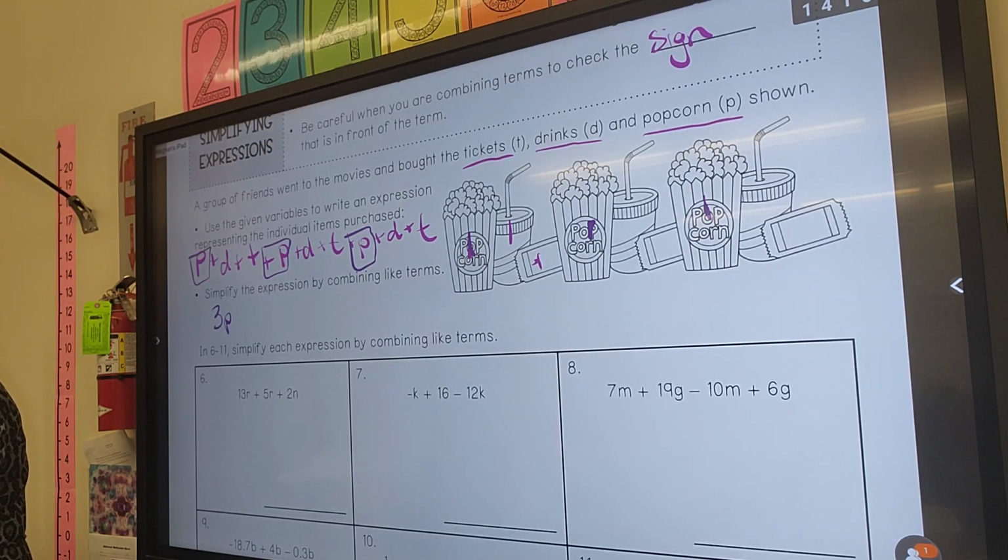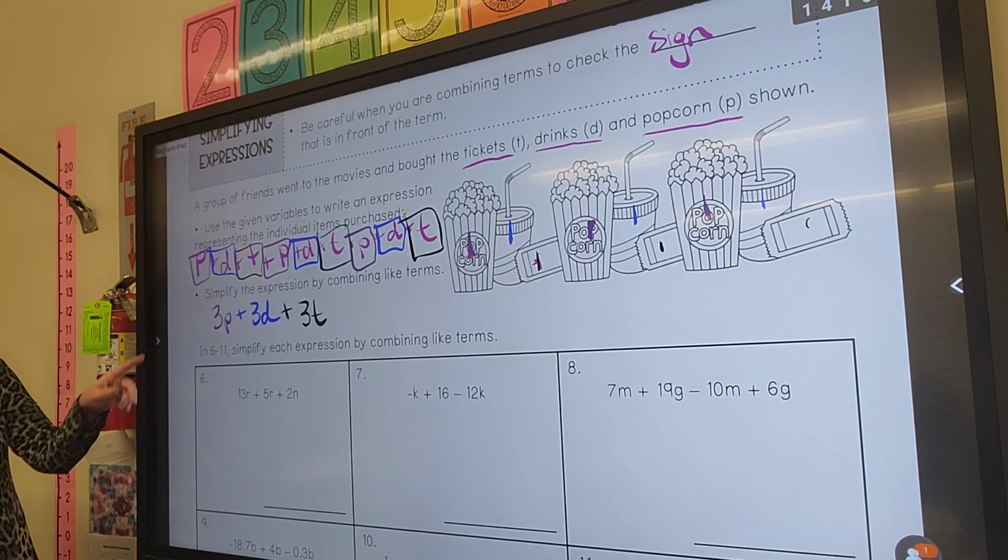Now, how many drinks do we have? 1, 2, 3. So plus D, plus D, plus D. That's 3 drinks. Plus 3D. How many tickets? 3. Good. We have 1 here, 1 here, 1 here. So plus T, plus T, plus T. So we're gonna write it plus 3T.